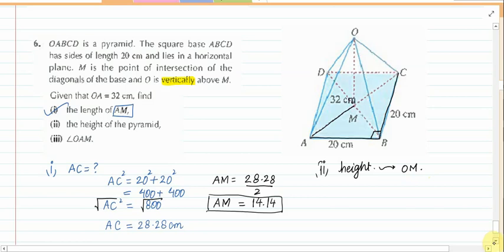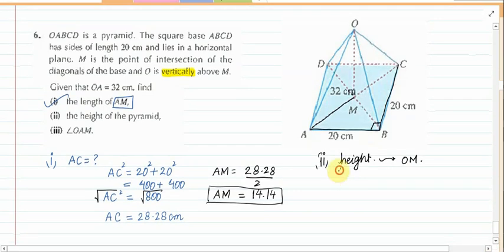So if I draw a triangle AMO, from A to M, that is a line drawn in the figure, and O is vertically above M, right? And that is a right angle triangle.